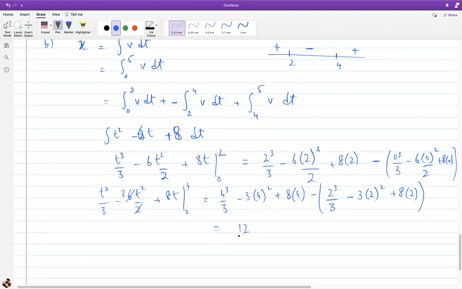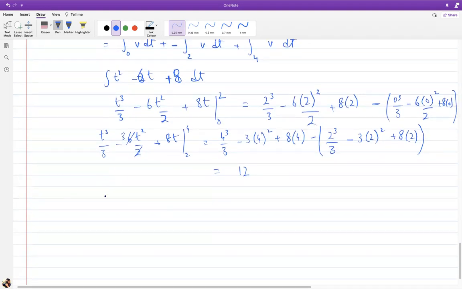Now this is your answer from 2 to 4, and then we have to do the same thing, but the limits are going to be 4 to 5. So do it for 4 to 5. You get 5.75.